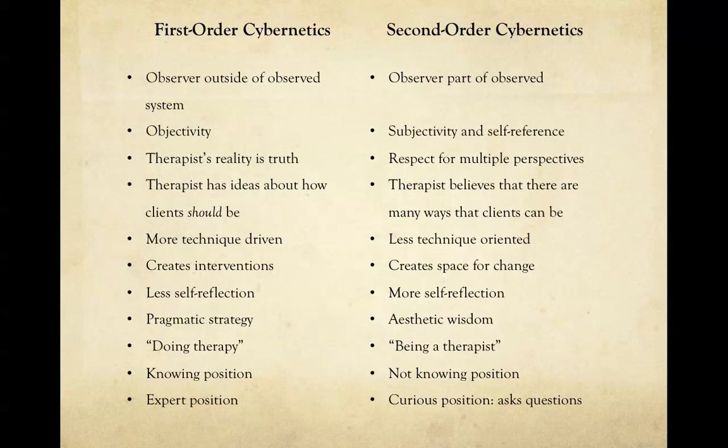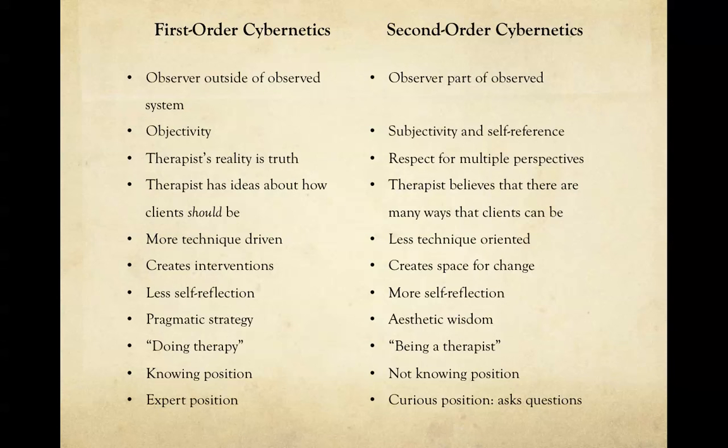First-order cybernetics is more technique-driven, so first-order therapy is more driven by technique, whereas second-order therapy is less technique-oriented, because it's taking into consideration the unique and significant reality of the system, of the client. So it's not a one-size-fits-all, one technique works for all approach.